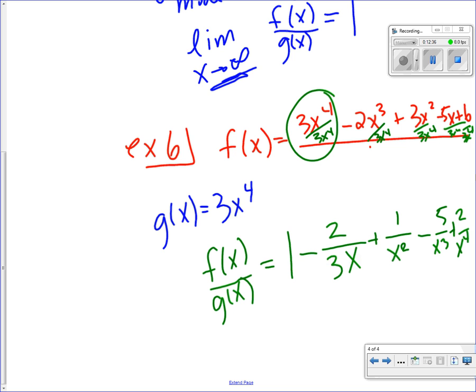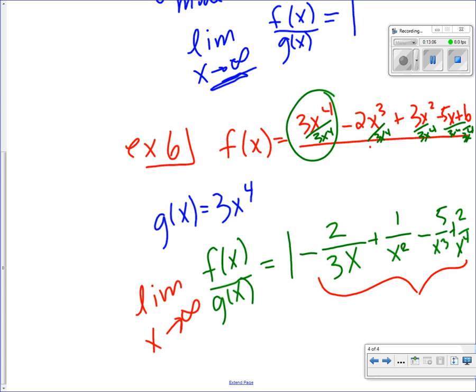Think back to the last problem we were doing. What happens when you divide by a large x? Remember, we're thinking about the limit as x approaches infinity. As x gets really, really large, when you divide by a really, really big number, you get 0. Think about a piece of pizza. If I divide it into fourths, I have big slices. If I divide it into sixths, the slices have to get smaller. Tenths, smaller.